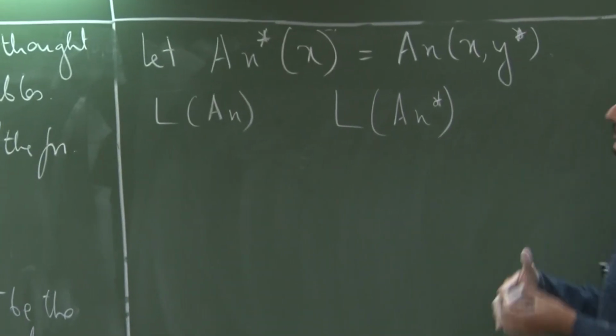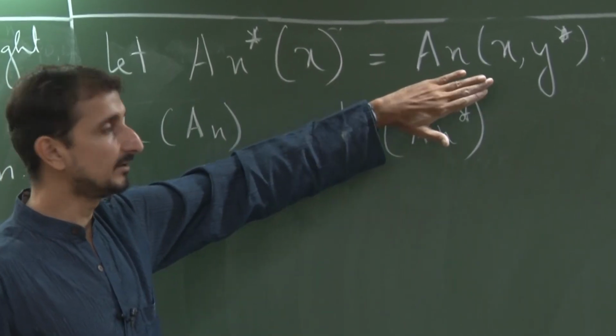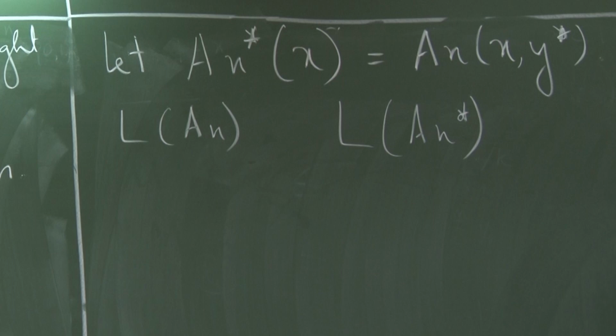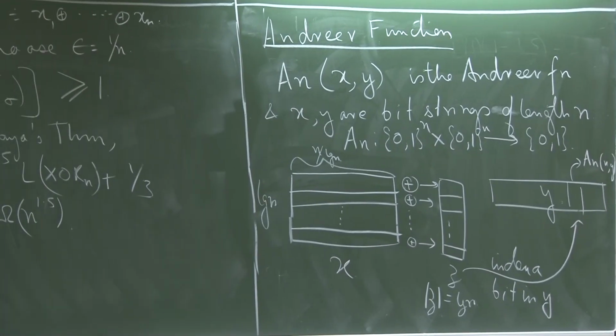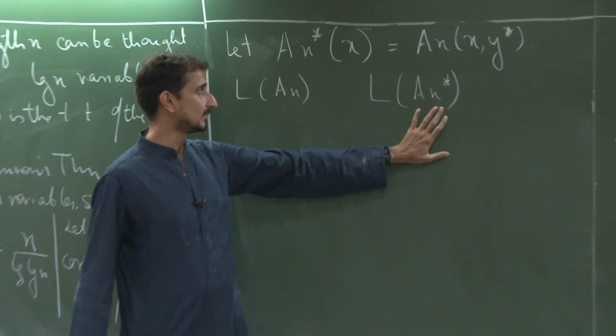My goal is to give a lower bound on the formula complexity of a n. Now I have defined another function a n star.